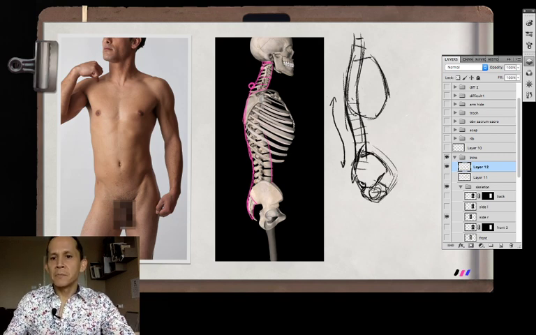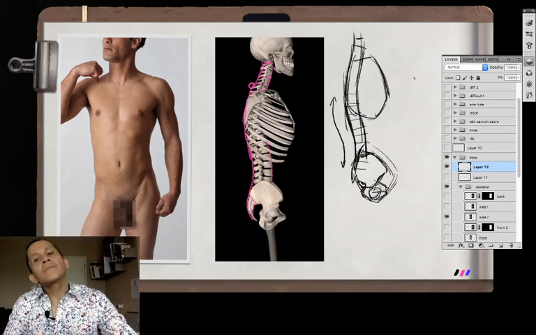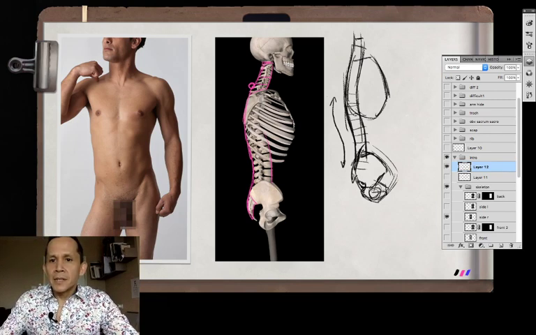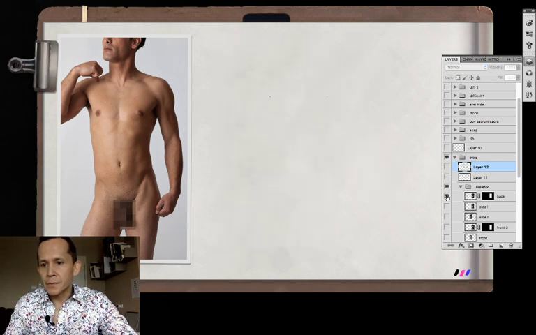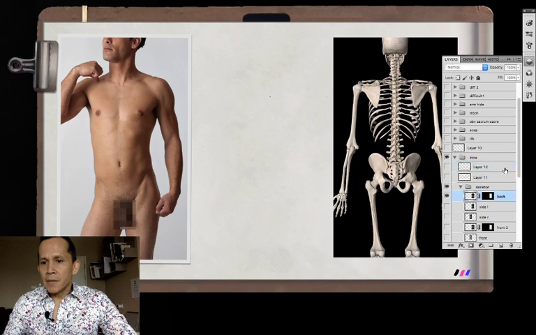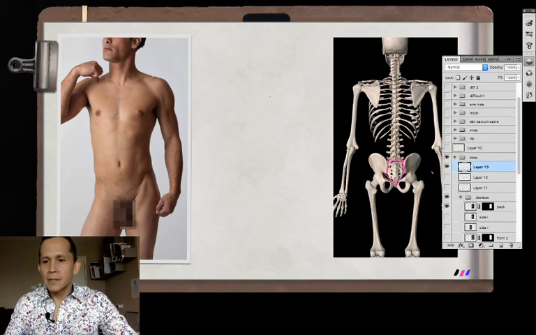We want to become very familiar with the spinal column, its curve, and its basic form, which is a long, thick cylinder or tube. Now in back view, the spinal column is quite obvious in one place, which is this guy, the sacrum. We'll talk about that later, soon.